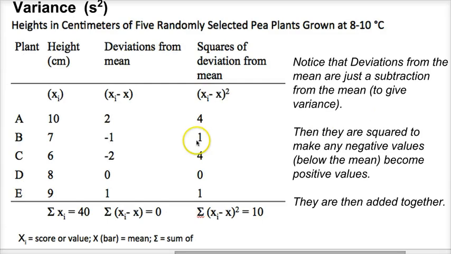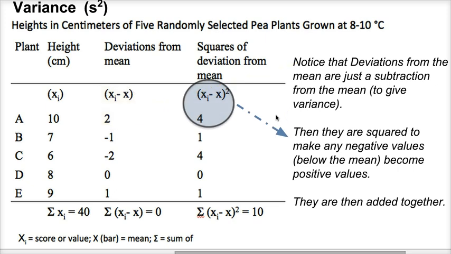Well, what we do is we take our numbers, our measured values, and we have a mean. The mean here for these values is 8. And here's what we're going to do. We're going to subtract our value from the mean. So 10, which is our first value, minus the mean.